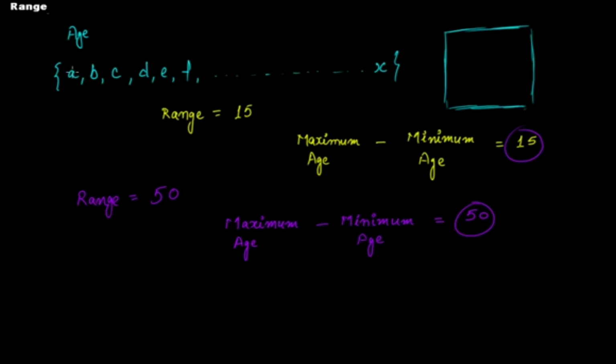The only thing given to you was that this is a data set and A, B, C, D, E, F, G are some arbitrary variables assigned for the ages of people present in this room, and the range is 15. So on the basis of the range only, you can conclude about the age difference or the age gap of people present here. That's the spread of the data, how spread out your data set is.